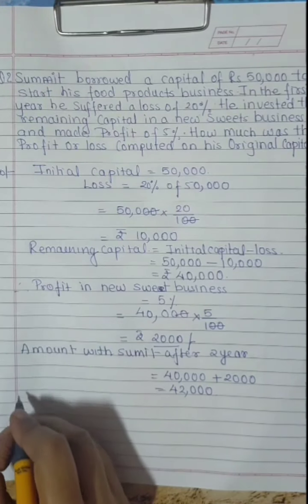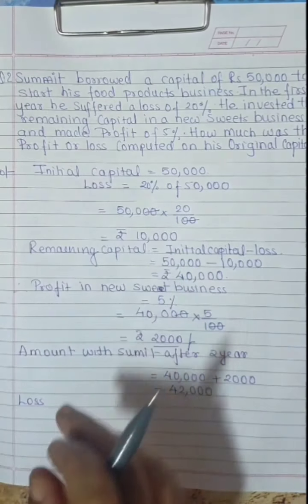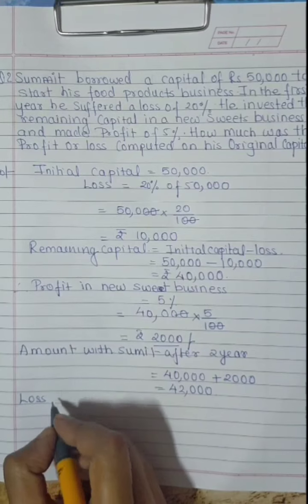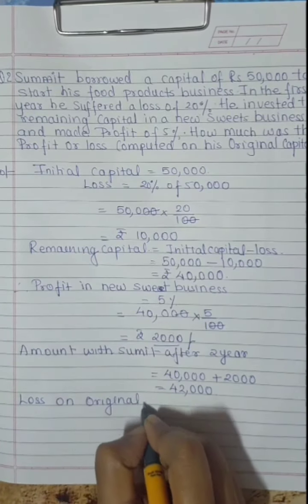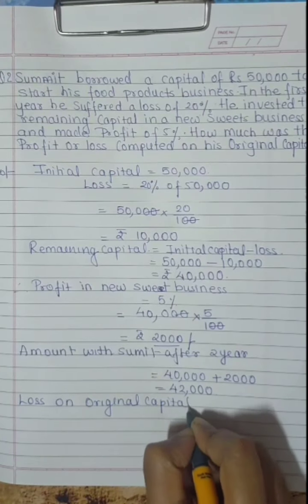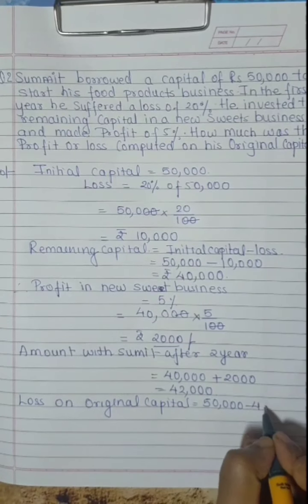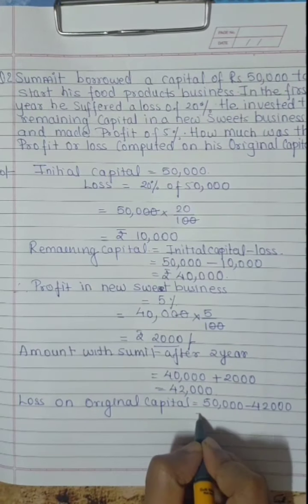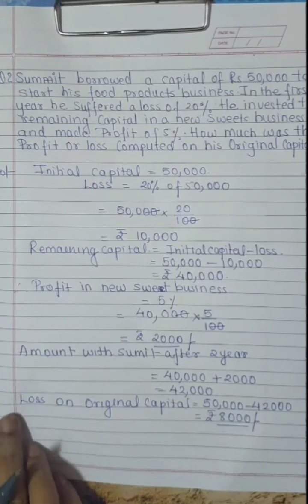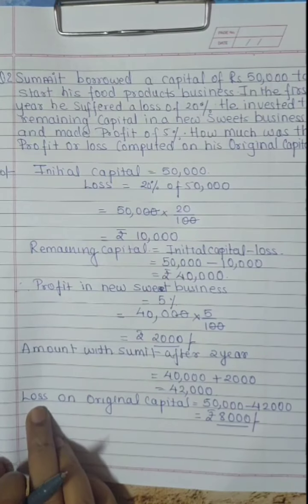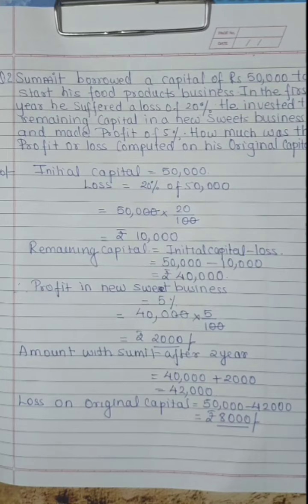Now, how much was the profit and how much loss they asked? Profit we have already written. Now loss on original capital equals 50,000 minus 42,000 equals rupees 8,000. So Sumit's loss is 8,000 rupees.